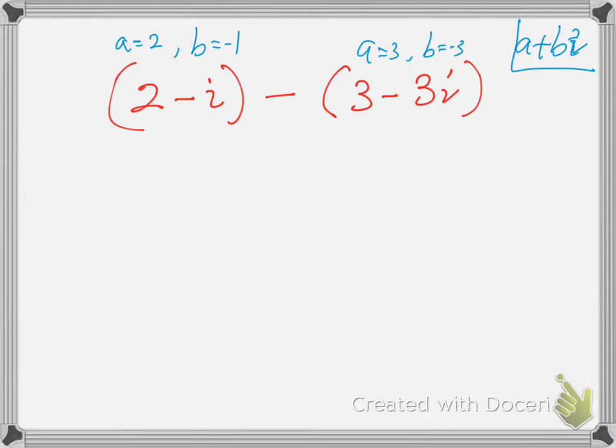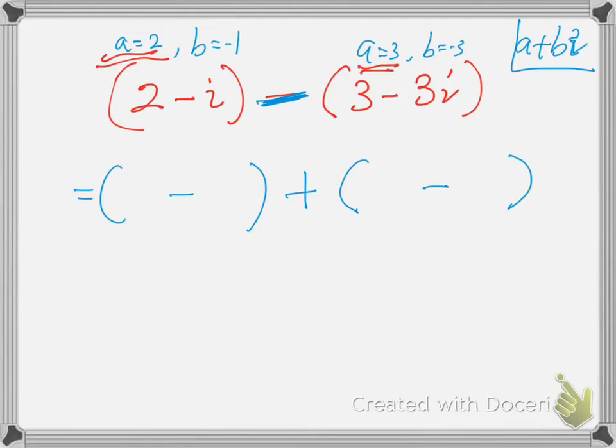So this subtraction means real part minus real part, plus imaginary part minus imaginary part. So the real part A minus A, so this is 2 minus 3. And then the imaginary part, we have this B, -1, minus another B, -3. And the imaginary part has letter i.